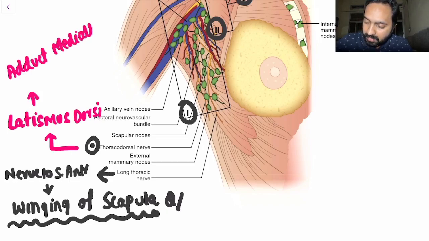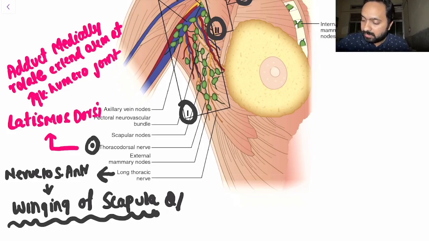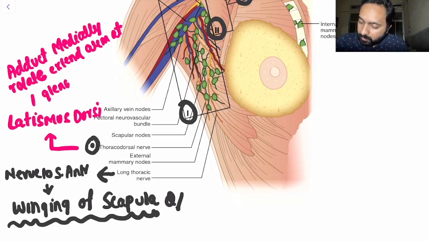medially rotate and extend the arm at your glenohumeral joint.